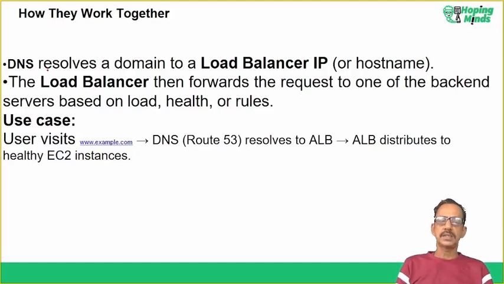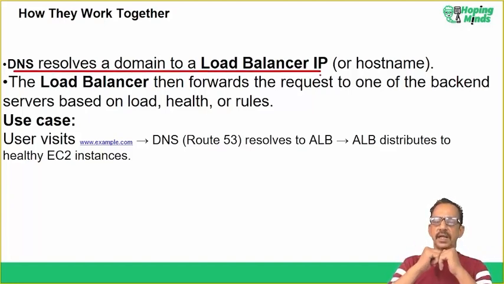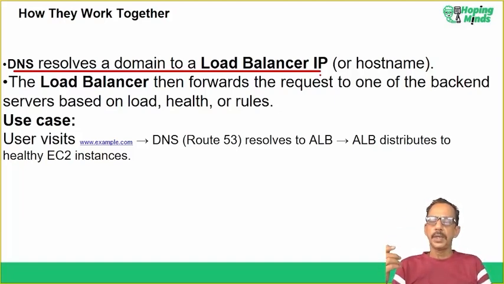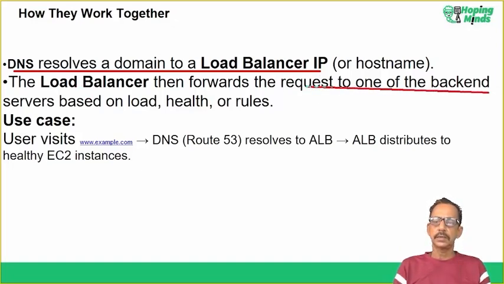How do DNS and a load balancer work together? DNS resolves the domain to the load balancer's IP. It does not forward the traffic or resolve directly to a server. It resolves to the IP of the load balancer. Then the load balancer forwards the request to one of the backend servers based on load, health, and rules.